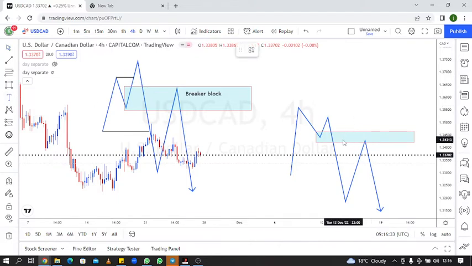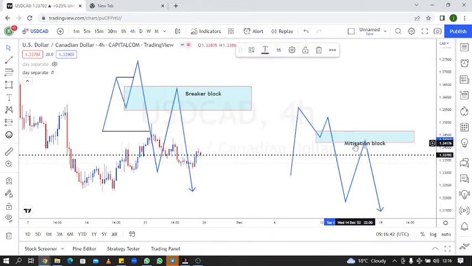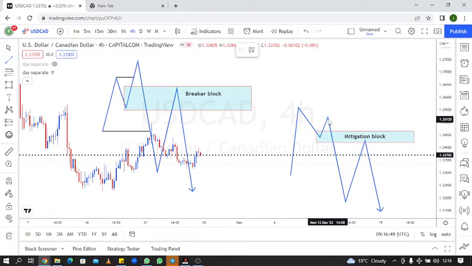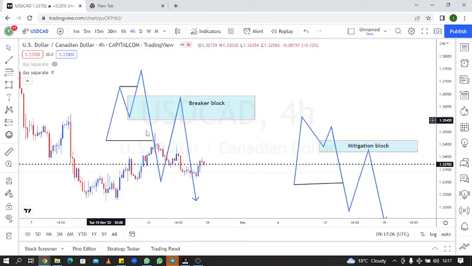Let me name it mitigation block. If you look at the mitigation block, the market failed to break this high. You see, this block order failed to break this high. It just pushed down immediately. So it makes it a mitigation block. The market will always come back and mitigate it, then we continue down. So this is our key point where we can sell from. So this is a mitigation block for a sell.